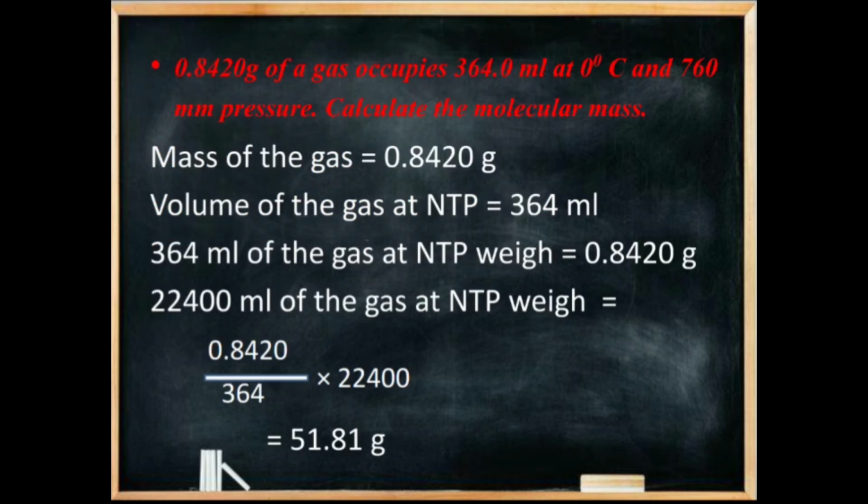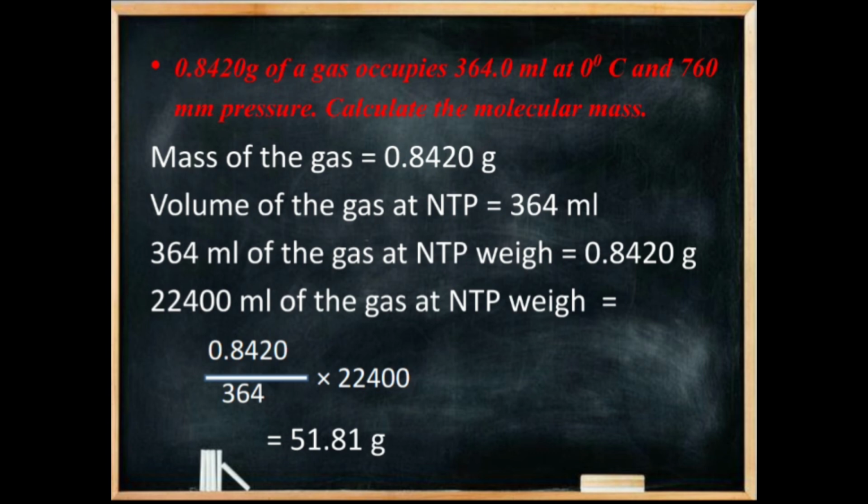The question is, 0.8420 gram of a gas occupies 364 ml at 0 degree Celsius and 760 mm pressure. Calculate the molecular mass. First, let's write the given part. So, here mass of the gas is 0.8420 gram. Volume of the gas at normal temperature and pressure is 364 ml.